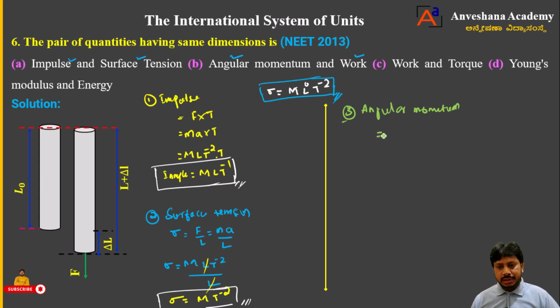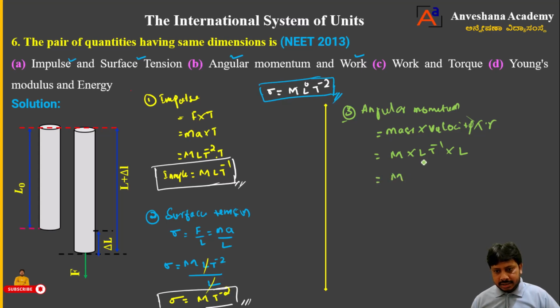So what is that angular momentum, dear students? Now that is mass into velocity into radius, or distance we can take. Okay, radius you can take. So then what will happen? Mass fundamental quantity is M, into velocity, which is meter per second. I can write it here, L t to the power of minus 1, into r, which is nothing but meter, that is L, the fundamental quantity is L. Then what happens now, dear students?